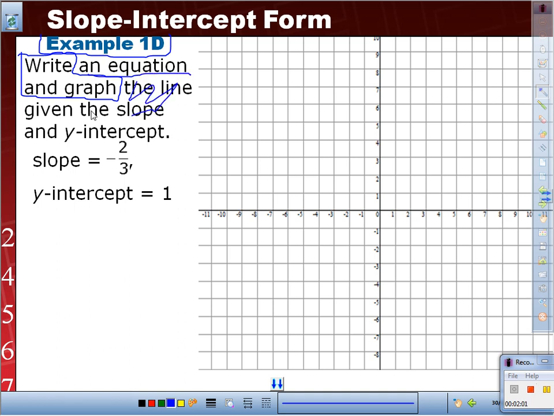You don't have to write this for right now because we already know that it's in slope-intercept form. And copy the slope and the y-intercept. Slope is -2/3, and y-intercept is 1. So the instructions for 1D is write and graph an equation given slope equals -2/3 and y-intercept 1.